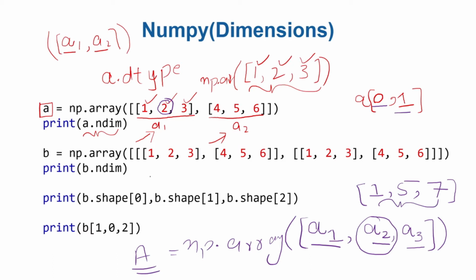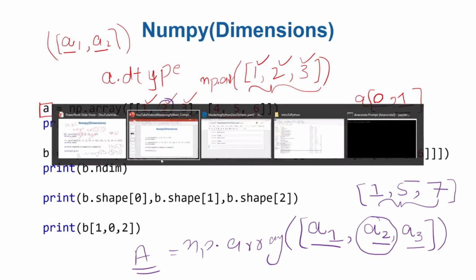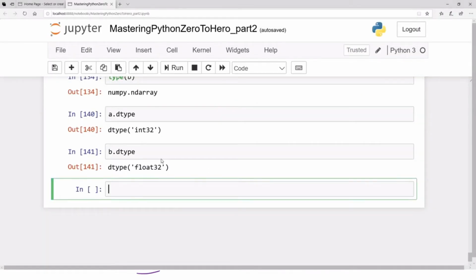So let's play with that in Jupyter Notebook just to get more comfortable with the term dimensions. Let's say we have an array A. A is np.array, and it contains a list, 1 2 3, and then we have another one-dimensional array, 4 5 and 6.